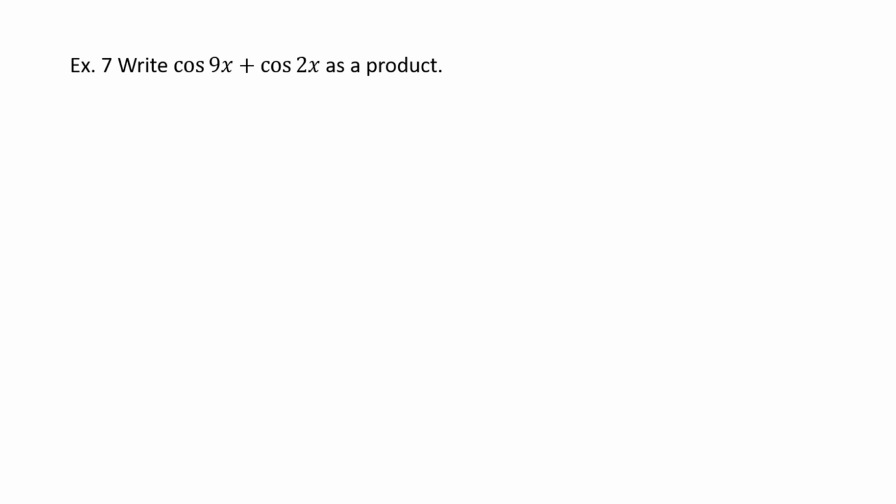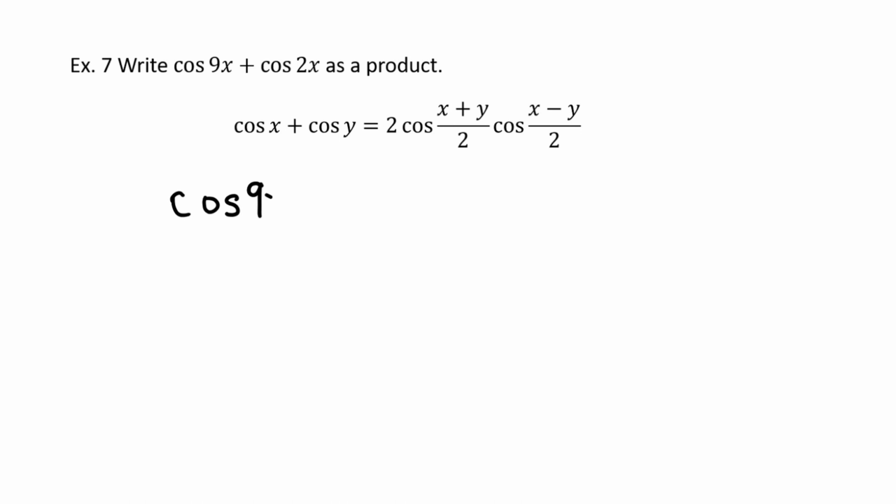The one that we're going to use is the one that says cosine x plus cosine y equals 2 times the cosine of the quantity x plus y, all divided by 2, times the cosine of the quantity x minus y, all divided by 2. Let's identify the parts. To find the cosine of 9x plus the cosine of 2x, let's follow the model of the formula.